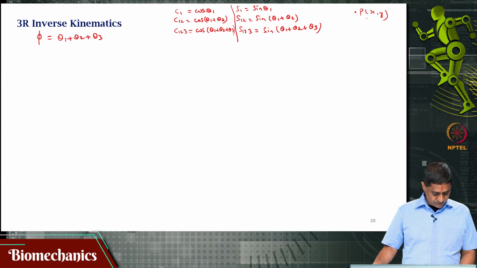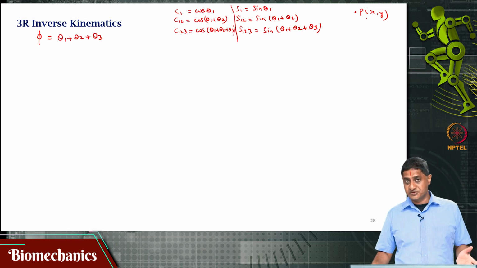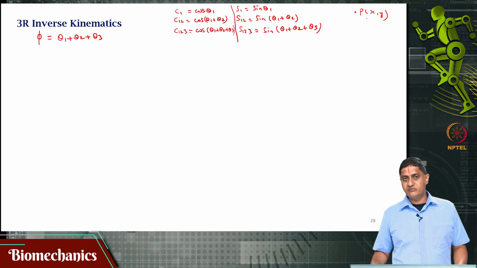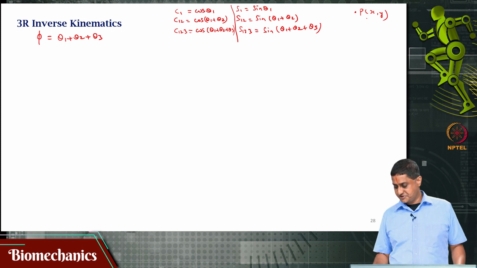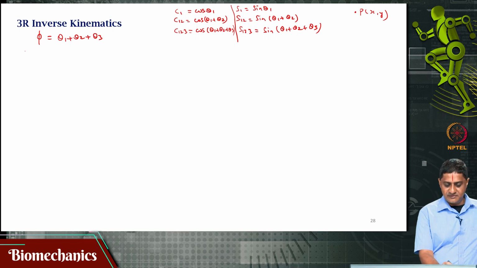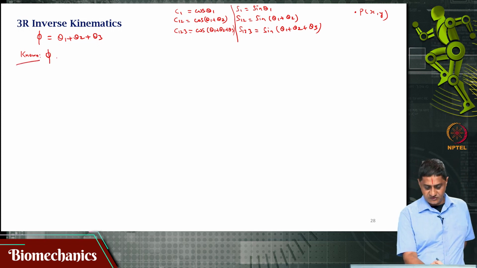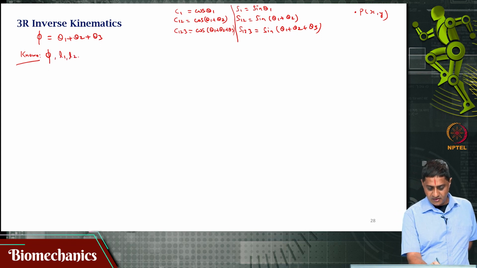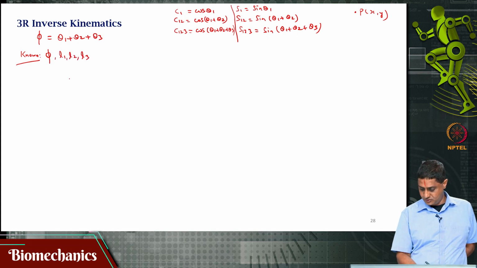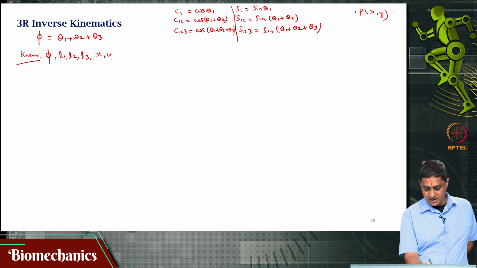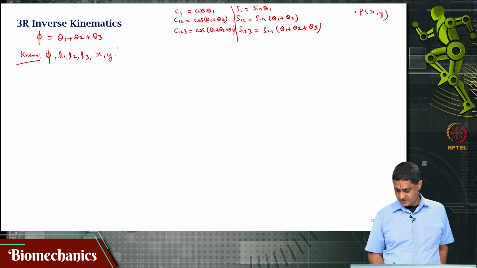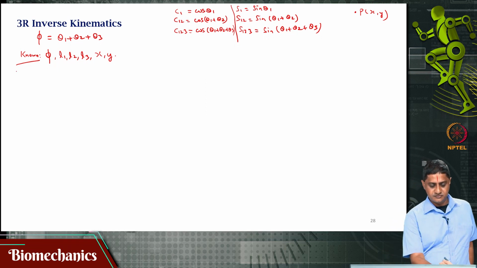So, this is a big assumption. We proceed with the solution with this assumption. So, for the inverse kinematics case, what are the knowns? Phi is known, L1, L2, L3 are known, and x and y are also known. What is not known?